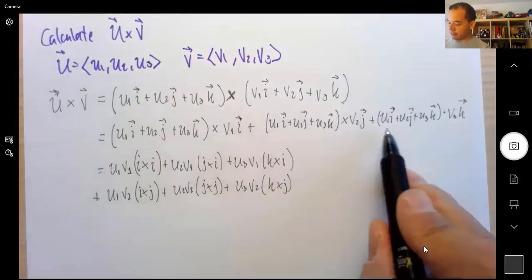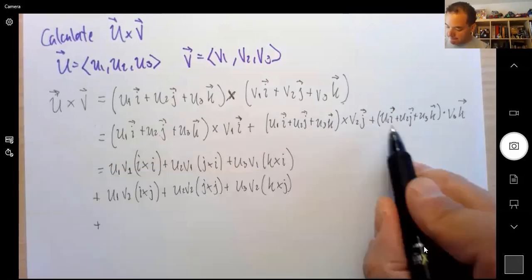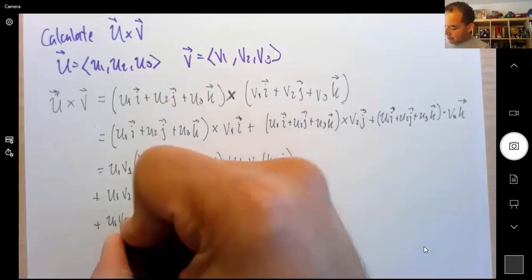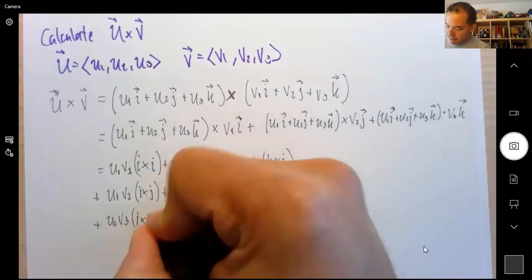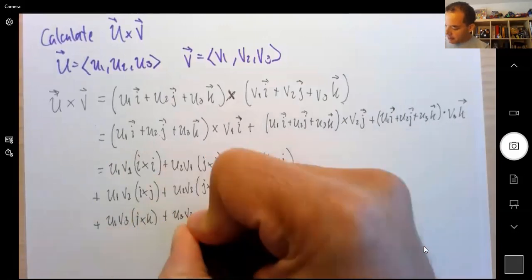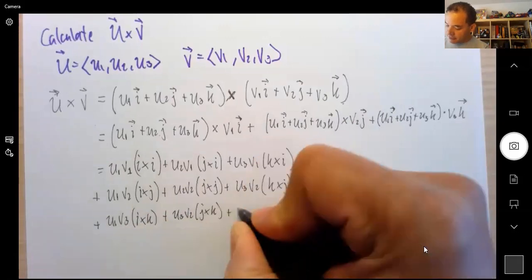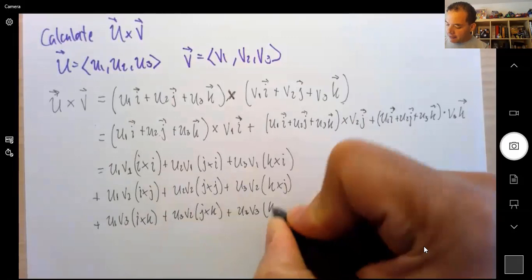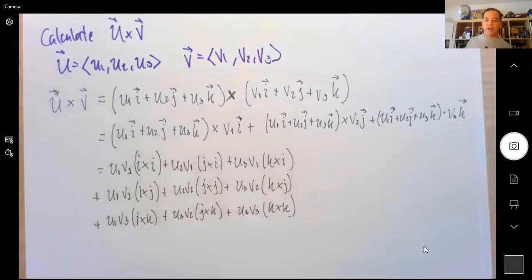And then this last one, okay, so now it's U1 V3, and it is I cross K, then U2 V3, and that will be J cross K, and last U3 V3, K cross K. All right, you with me so far? I mean, it seems like a lot of calculations, but they're actually all pretty easy and straightforward, okay?